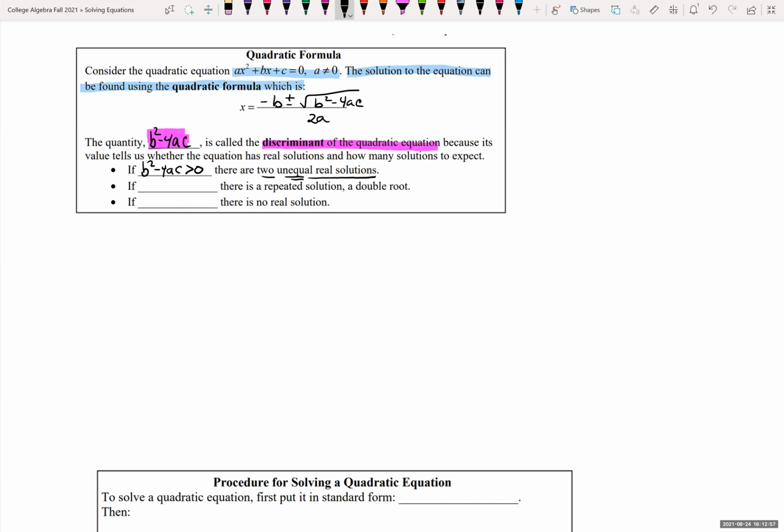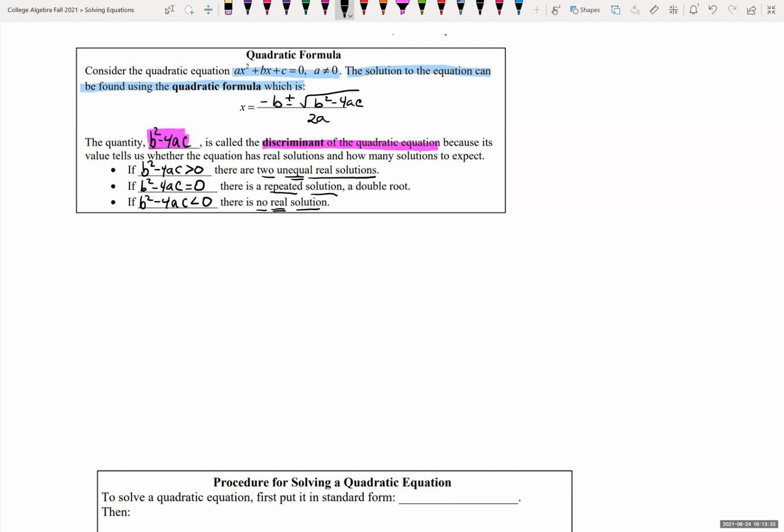If we find that our value b squared minus 4ac equals 0, then we're only going to have 1, and it's going to be a repeated solution. If we find the value underneath the radical b squared minus 4ac is less than 0, that means we have a negative underneath our radical, which is actually an imaginary number. And so in that case, we would say that there's no real solution.